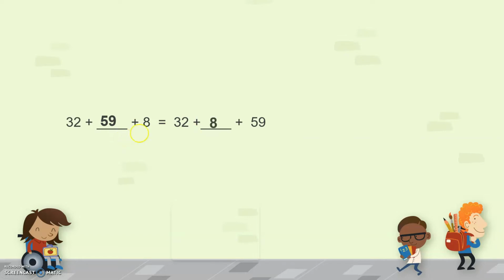Okay, we have number 8. So, pansinin nyo yung arrangement ng addends. Pinagbali-baliktad. Pero dapat dyan, equal pa rin yung answer. Dapat hindi magbabago yung sum. So, let's add. So, 32 plus 59 plus 8 equals 99. And 32 plus 8 plus 59 is also 99.